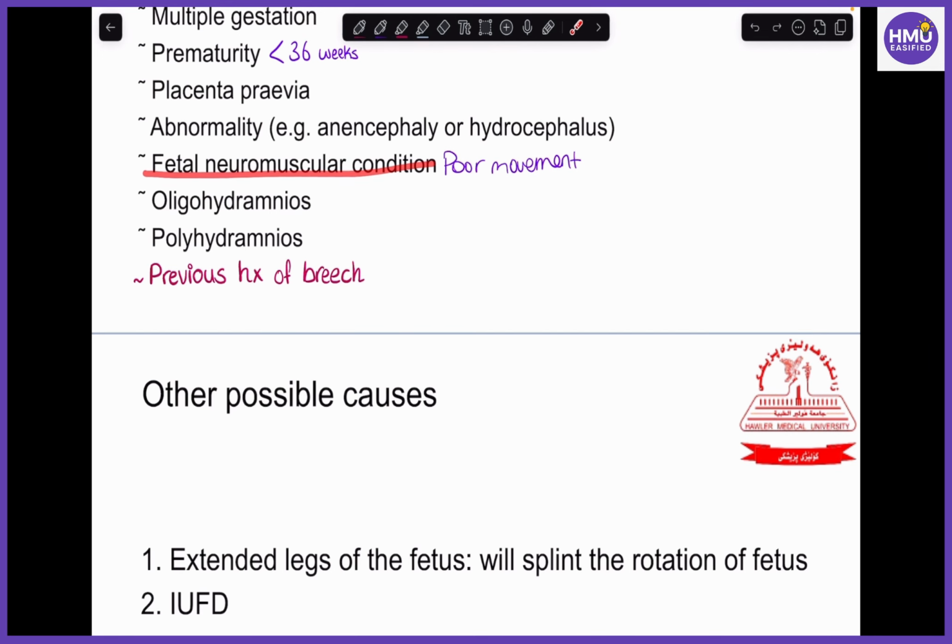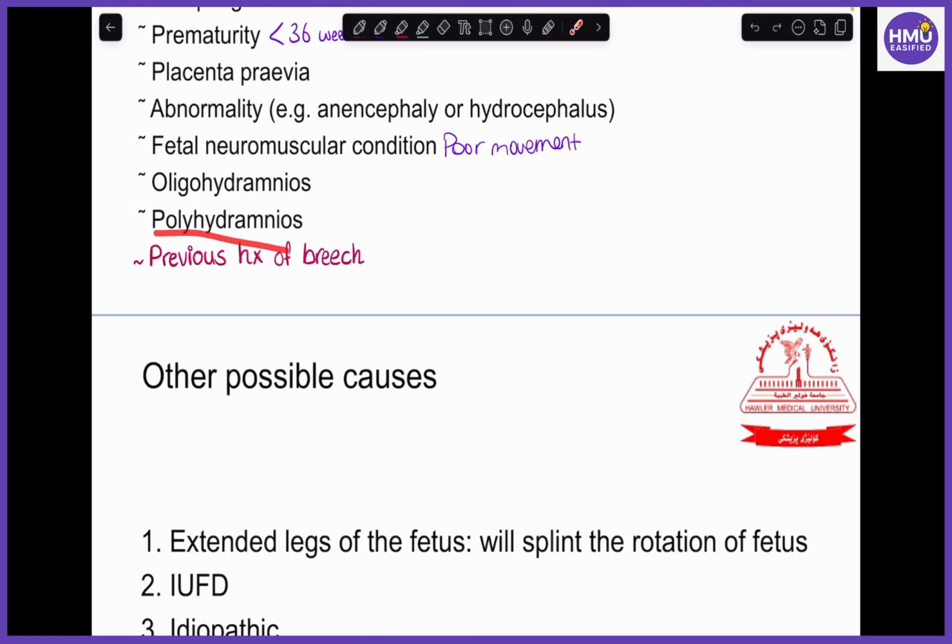Fetal neuromuscular conditions cause decreased muscle tone of the fetus, so it can't move; there will be poor movement. Oligohydramnios, reduced amniotic fluid, restricts movement of the fetus. And in polyhydramnios, there's increased mobility.